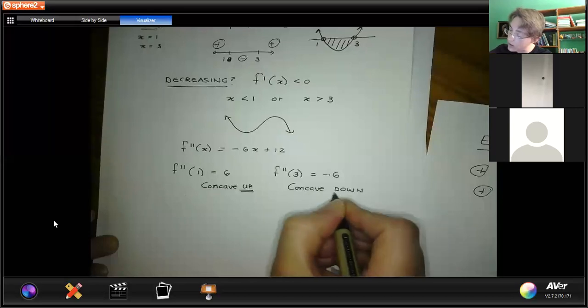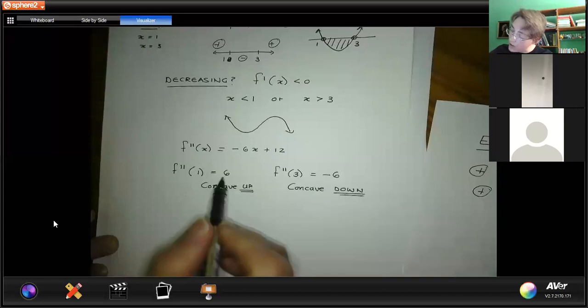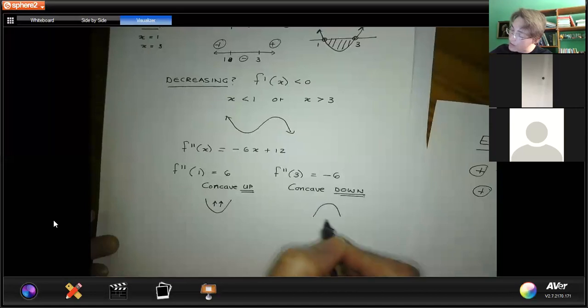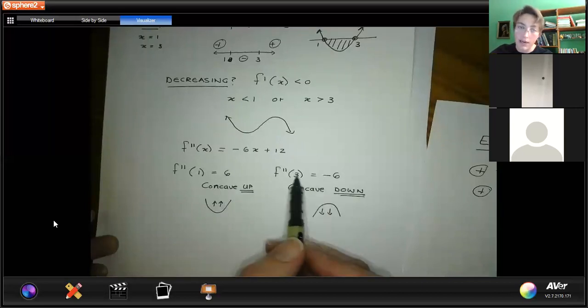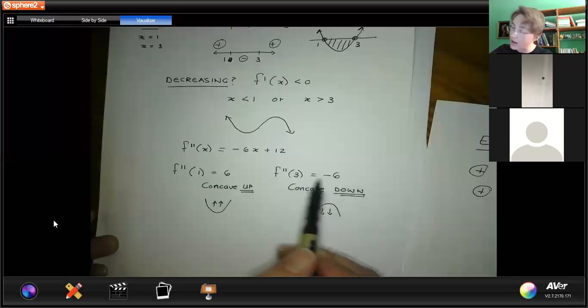Concave up means the graph looks like this, and concave down means the graph looks like that. So this, once again, is a local minimum because it's concave up. And at 3, the negative 6 indicates the concavity: it's concave down, which means it's a local maximum.